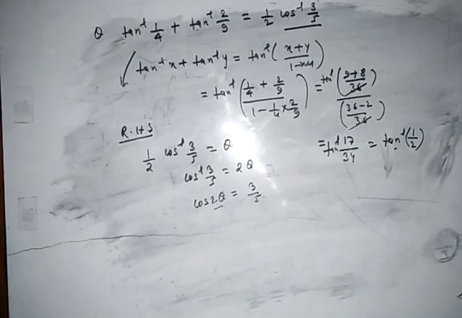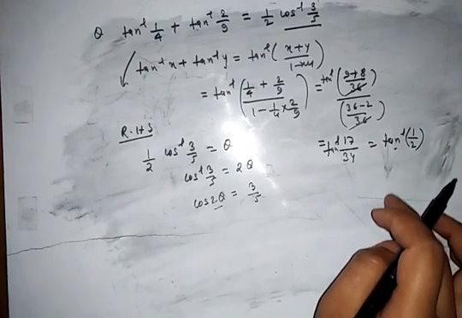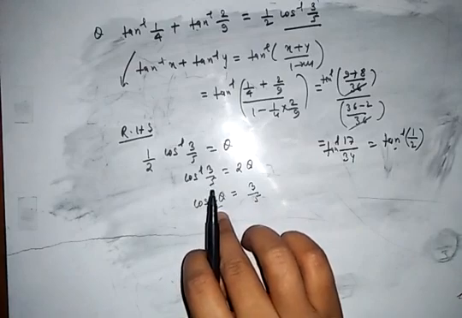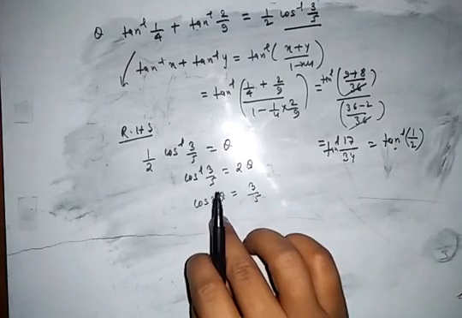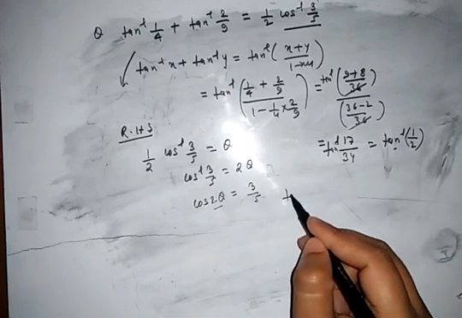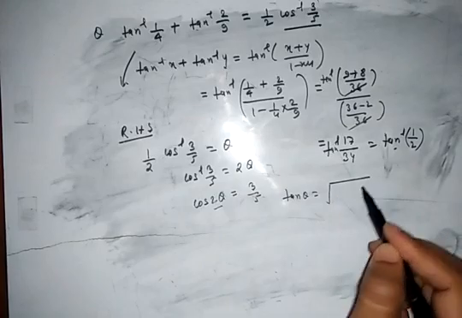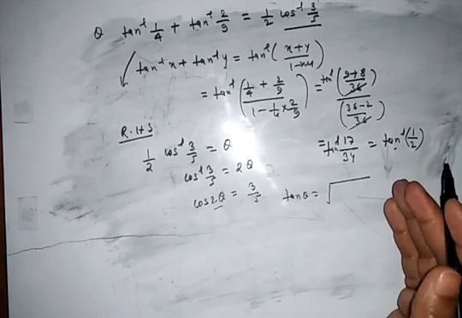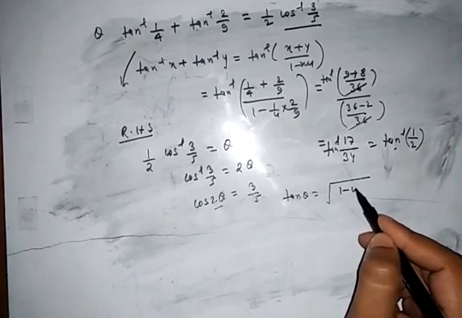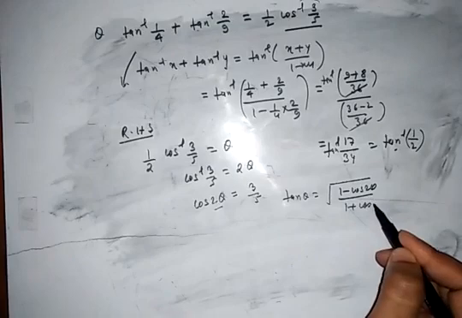So we can convert this value into tan theta. We know the formula for cos 2 theta in terms of tan theta. Tan theta is nothing but sine theta by cos theta, which is in the case of the square root of 1 minus cos 2 theta by 1 plus cos 2 theta.